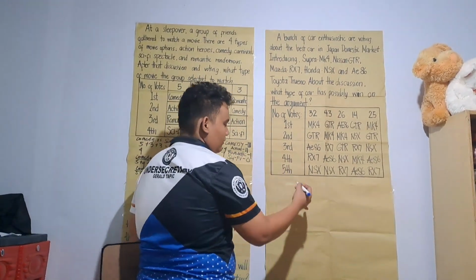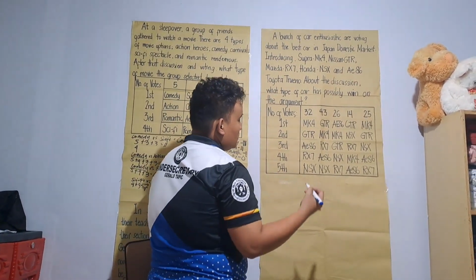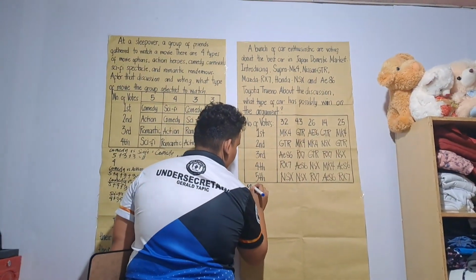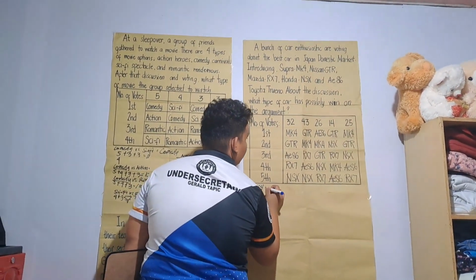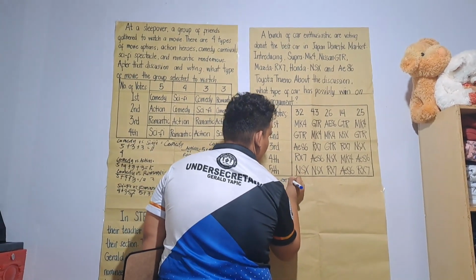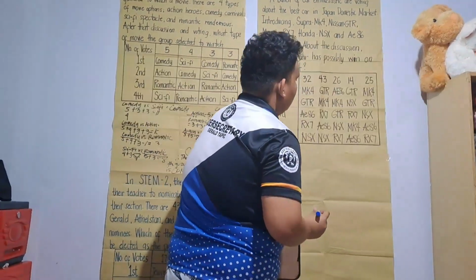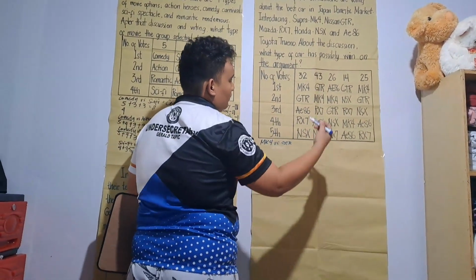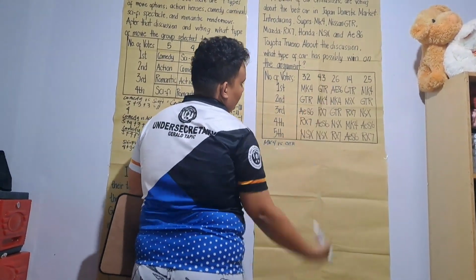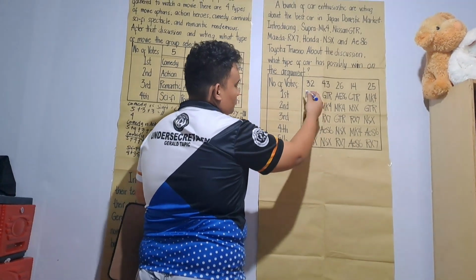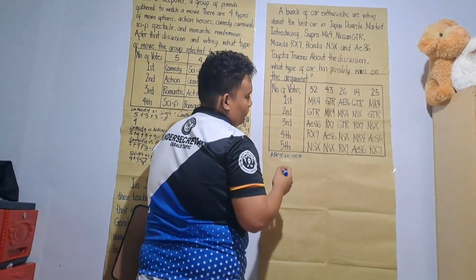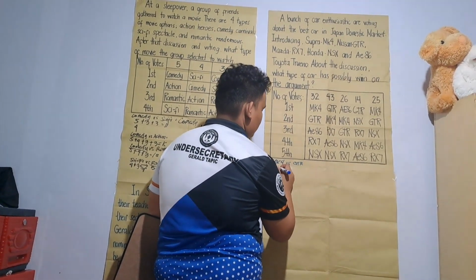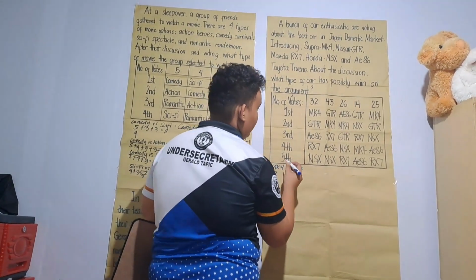In the first one, we need to match up MK4 versus GTR. MK4 in the first column has 32 voters. MK4 is the best for them. So 32 votes go to MK4.